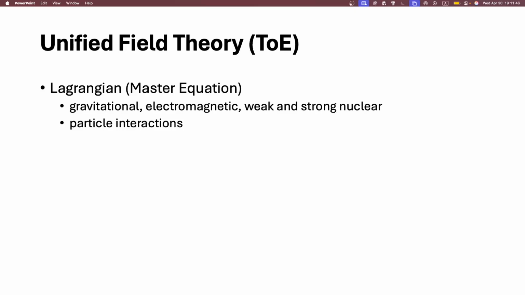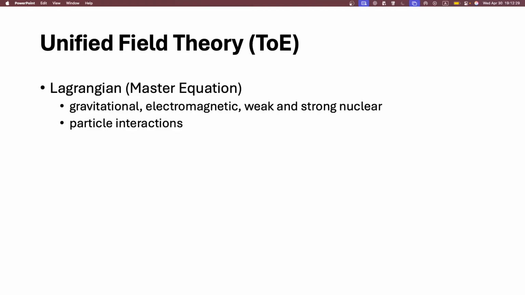So there is a theory called unified field theory, or the theory of everything, which is somewhat philosophical, I guess. It's more of physics. I think physicists talk about this the most, but it's a Lagrangian master equation that encapsulates gravitational, electromagnetic, weak and strong nuclear forces, and of particle interactions. So it is the equation that solves everything.